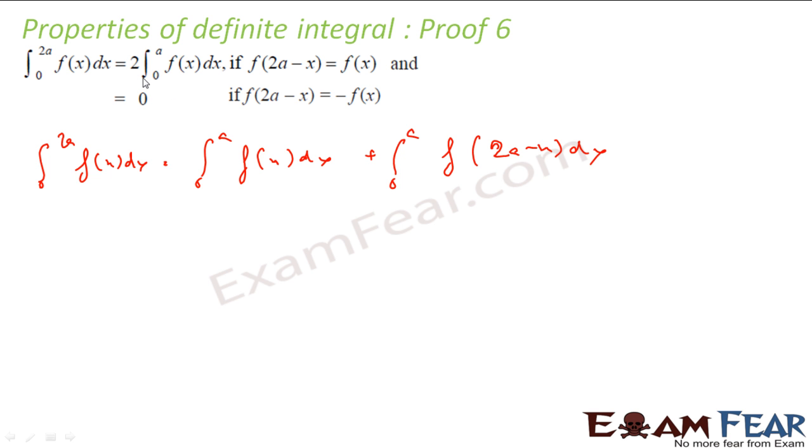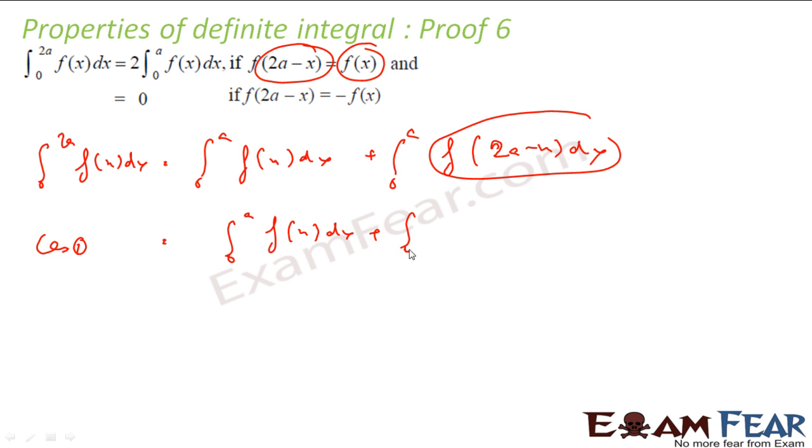So in case 1 it says that this guy is equal to 2 of this if f(2a minus x) is equal to f(x). So in case 1 this equals integral 0 to a f(x) dx plus this guy becomes f(x), correct? So this becomes integral 0 to a f(x) dx. So this is nothing but 2 into integral 0 to a f(x) dx, correct?